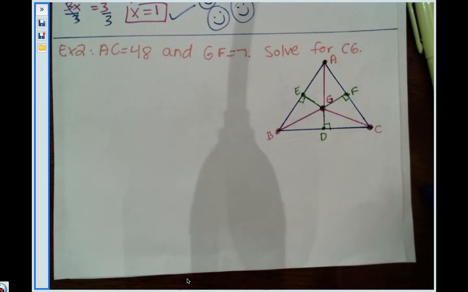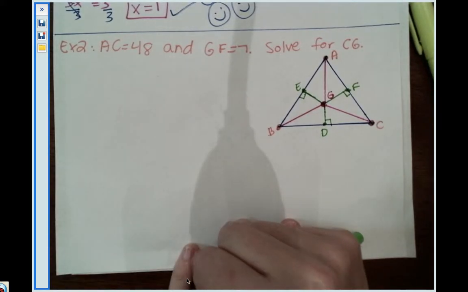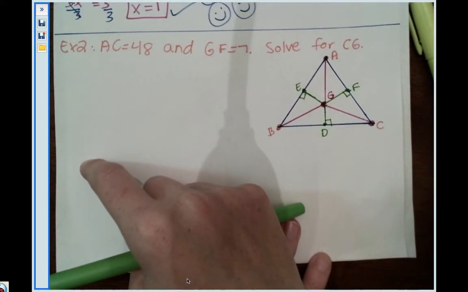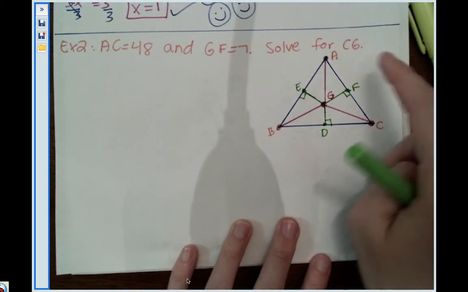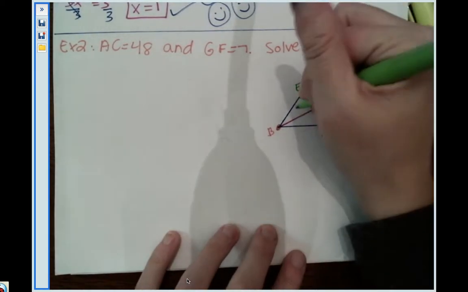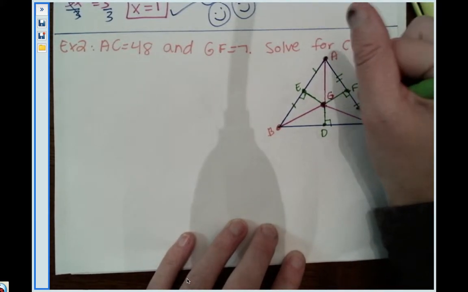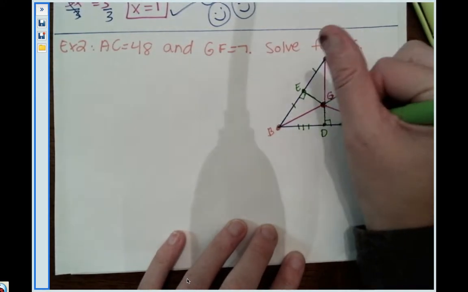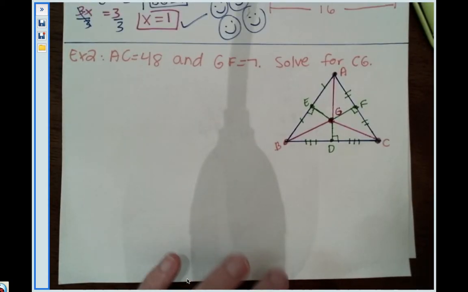It means to hit the side of the triangle at a 90-degree angle. And it's a bisector, which means it slices each side in half because it's at the midpoint. So it's going to make these two segments congruent, these two segments congruent, and these two segments congruent. This already looks so exciting, so let's get started.